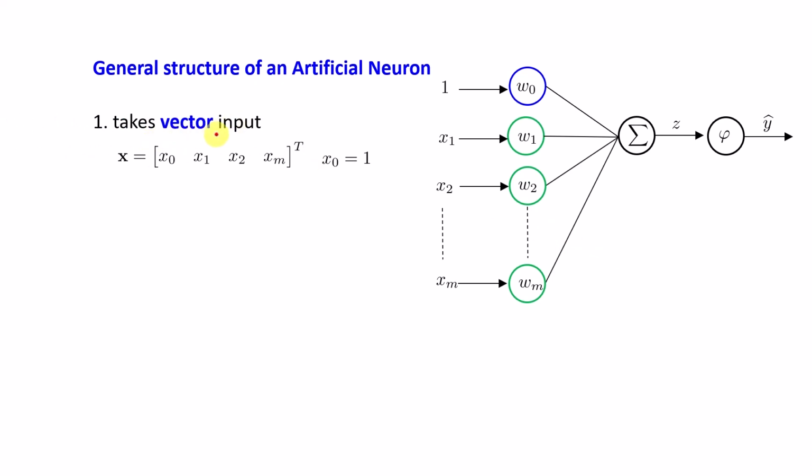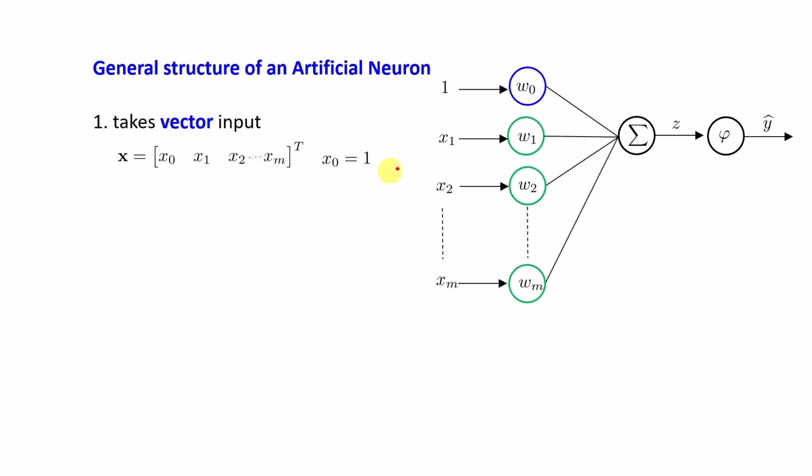First is that they can take a vector input. In case of simple linear regression, of course, you say that this is not a vector, this is a scalar, but you can also think of it as a vector of 1 and x. So in the limiting sense, that is also a vector. In general, it can take a vector input that goes from x0, x1, x2 up to xm.